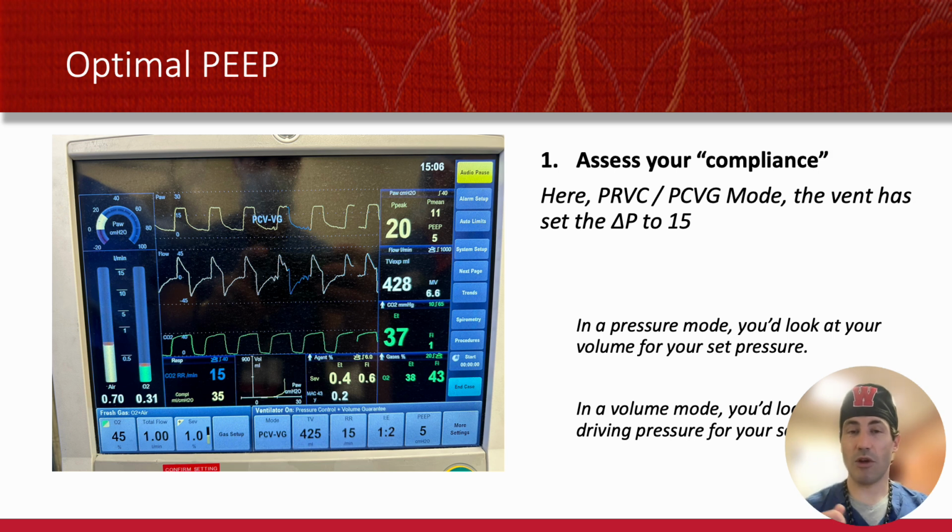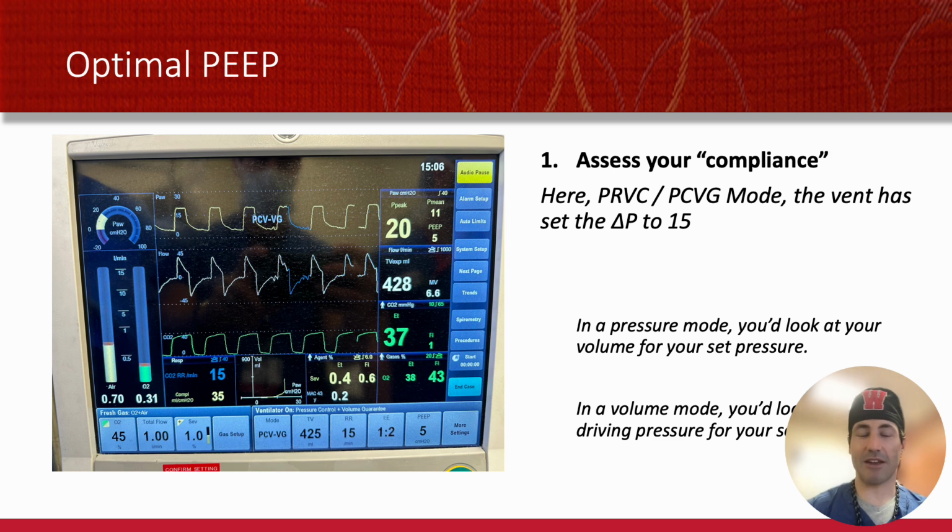So when we go to the bedside and say, hey, am I on the right amount of PEEP? Should I go up on PEEP? The first step is to figure out what the starting point is for your compliance. In this example that I've shown here, we have PCVVG or PRVC mode, and I have targeted a tidal volume of 425, and the vent is delivering 15 over 5, right? So 20 minus 5 is a delta or a driving pressure of 15.